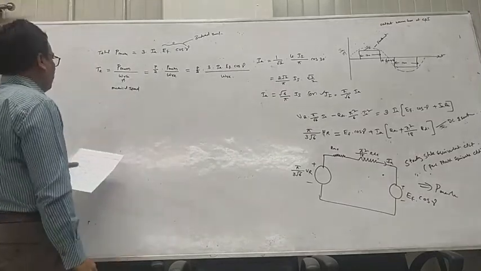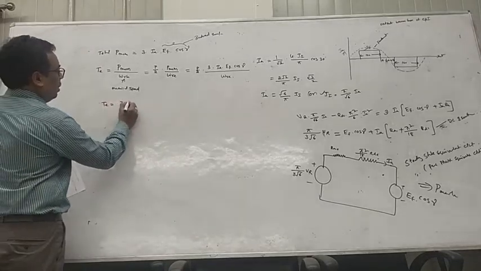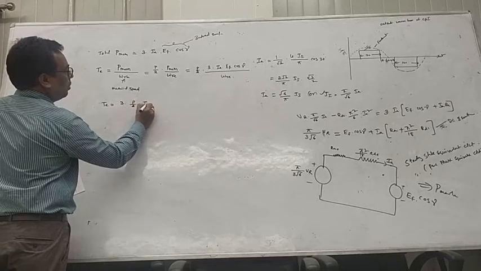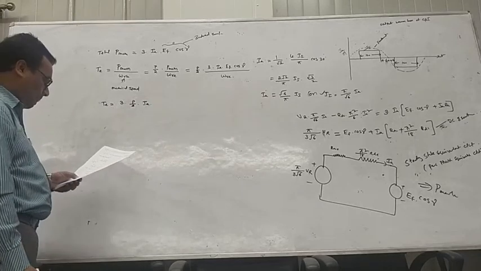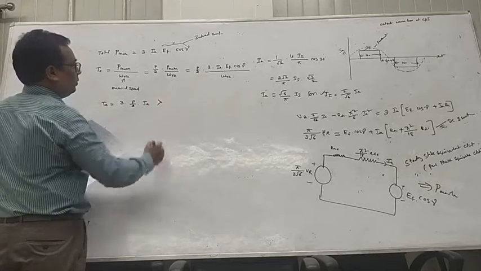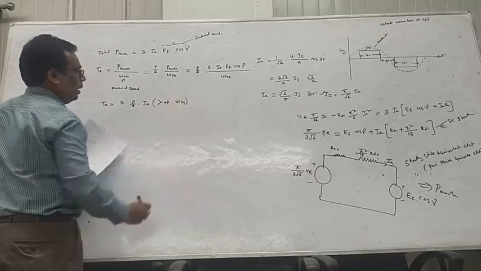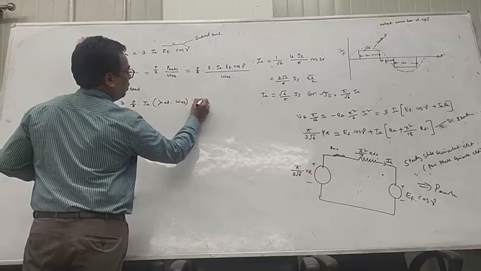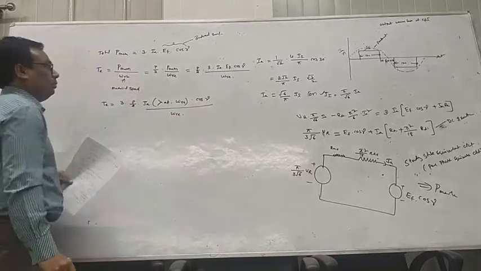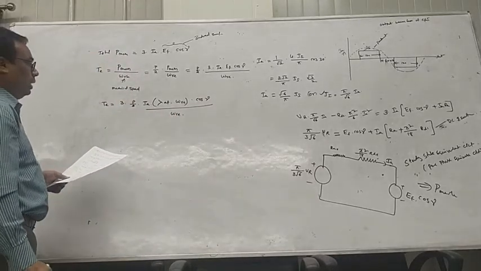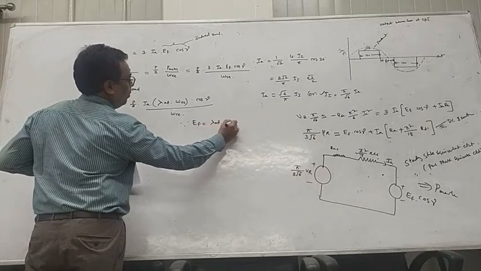From this equation, if you simplify further, the electromagnetic torque developed in the motor is equal to 3 into P by 2 into IA into lambda AF into omega Re into cos gamma divided by omega Re, since EF is equal to lambda AF into omega Re.